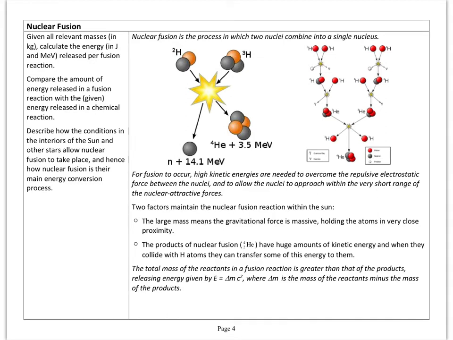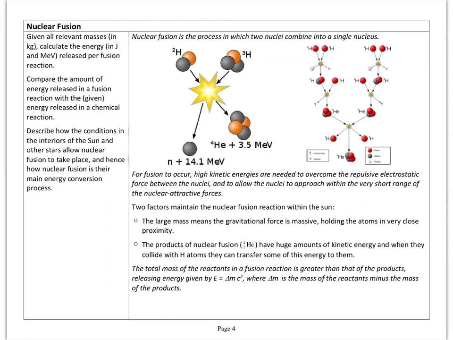Just out of interest, this diagram also talks about the amount of energy each particle has. And once again, the energy here is, if you like, inversely proportional to the size. The helium gets less energy due to conservation of momentum. The bigger particle moves slower, therefore has less energy.